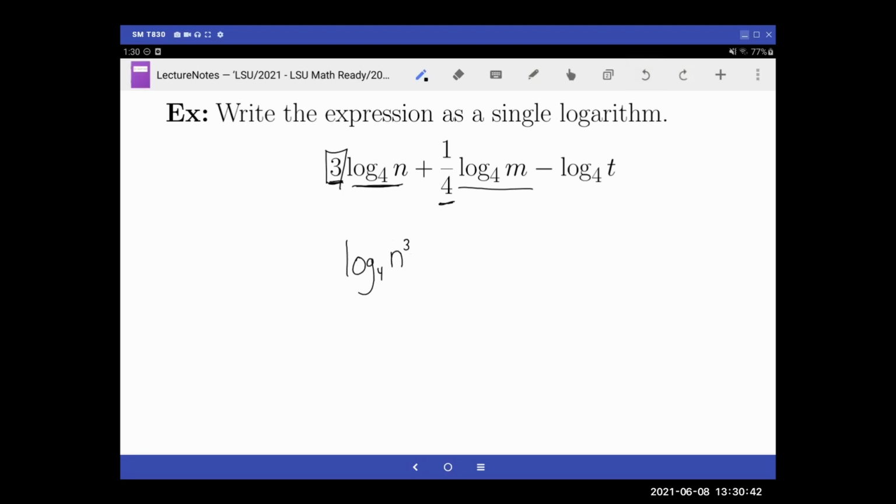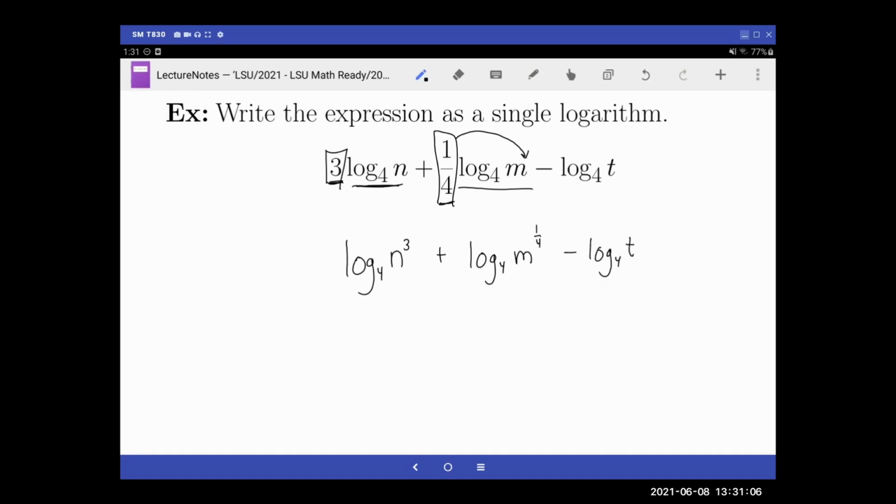So it goes both directions. That's my point there. Okay, the next one here, plus log base 4. Here's that exponent, or what will be an exponent, goes on top of the m. Minus log base 4 of t.